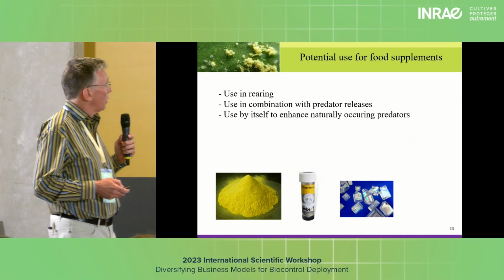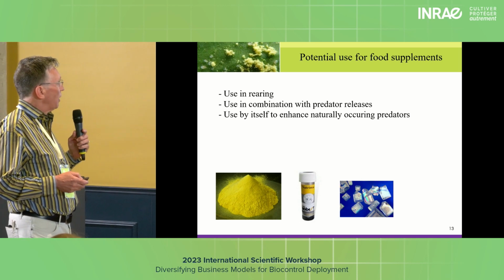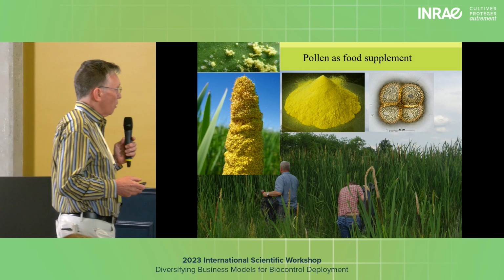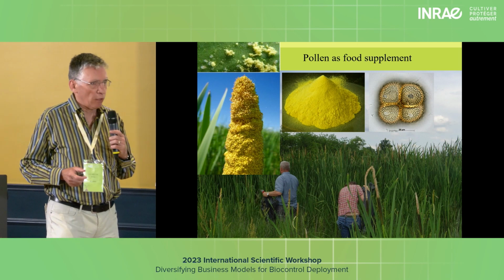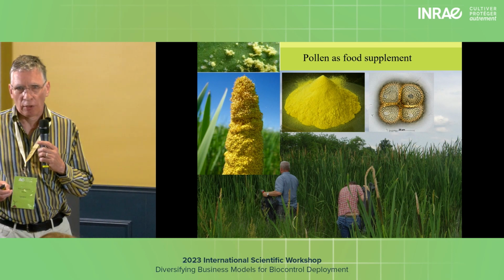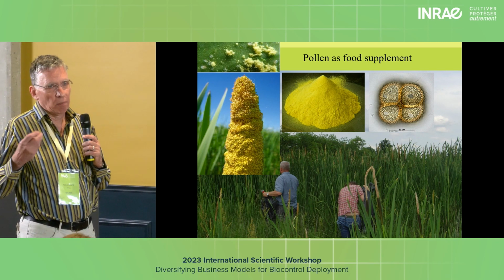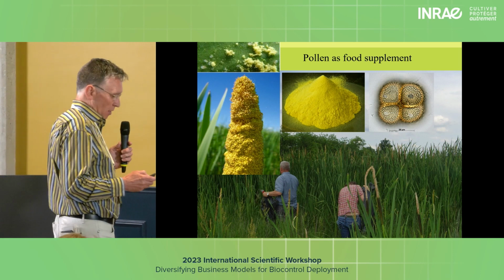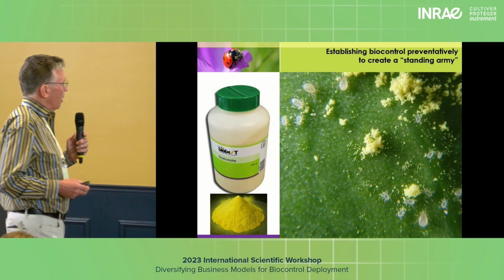To give you an example that we developed ourselves is the pollen, where we used pollen of Typha, which is a plant species that occurs worldwide, can be easily collected, and this Typha pollen can then be applied onto the crop. This is how it would look.